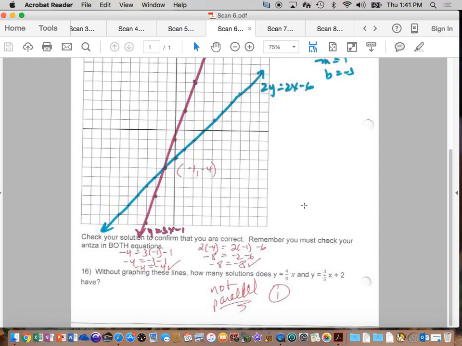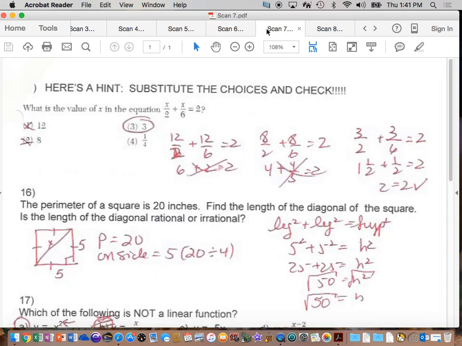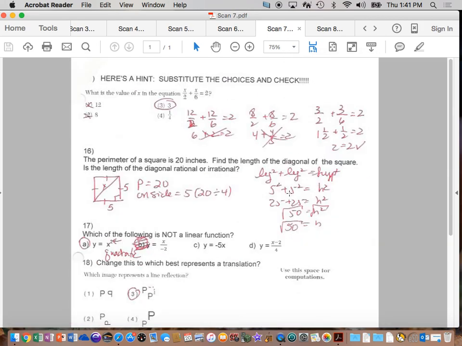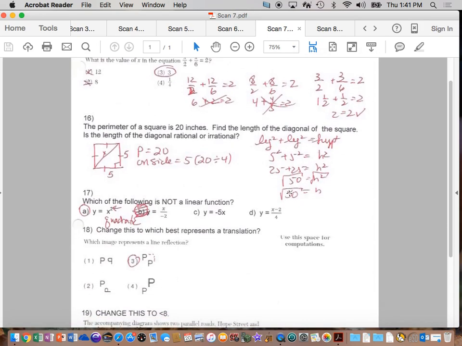Any questions? All right, scan 7. Check it out, see how you did.